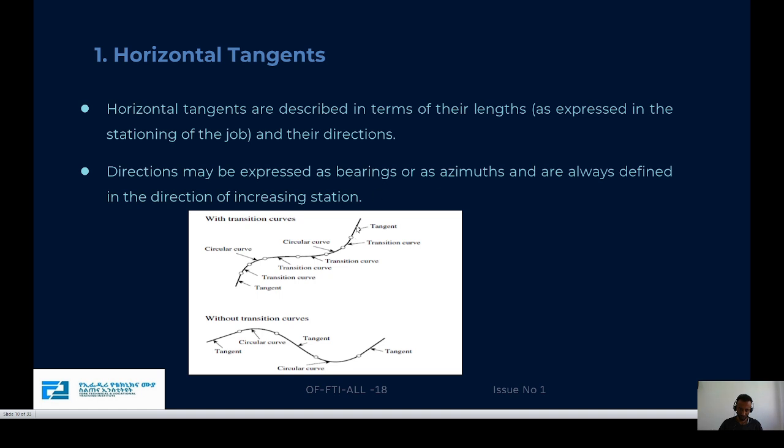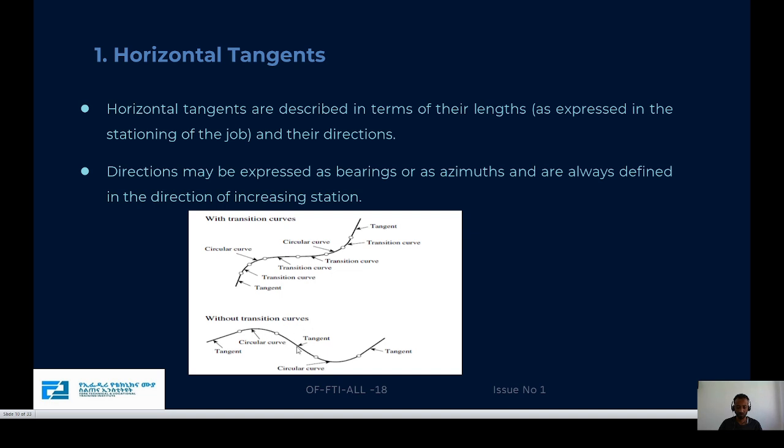So this one is a straight line, then provide a circular curve, then a transition curve, and then a circular curve. This one is an example of reverse curves. So this one is also an example of a reverse curve. So this one is circular, there is a transition. So in this case there is no transition curve.